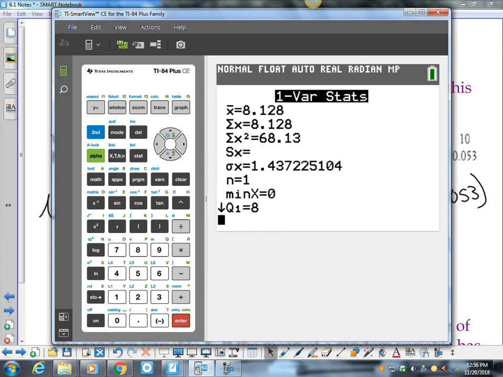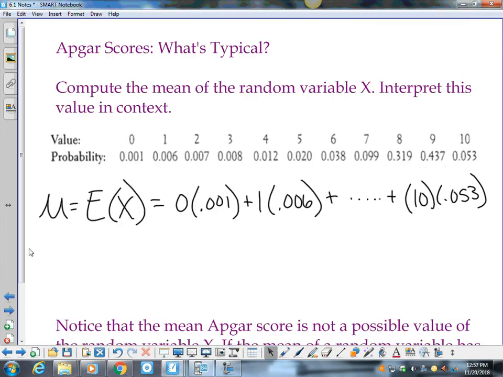Now tell me, what is your expected value? 8.128. That's not expected value squared. That's the sum of all the x's squared. What was it? 8.128.